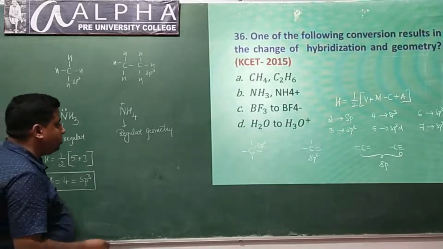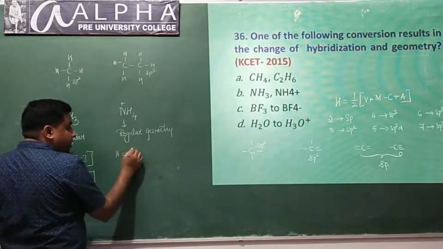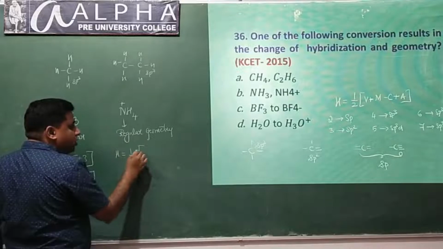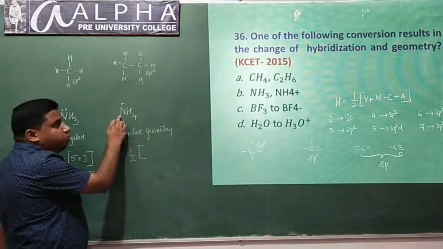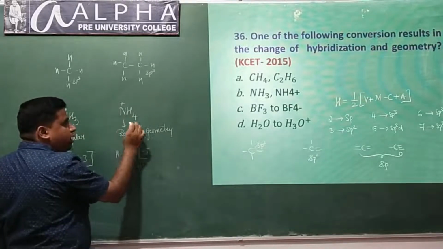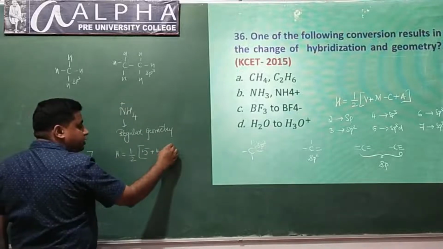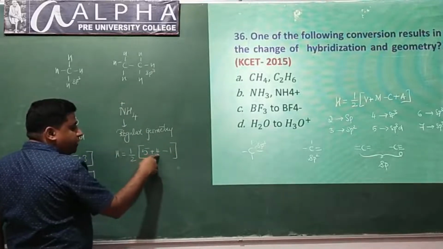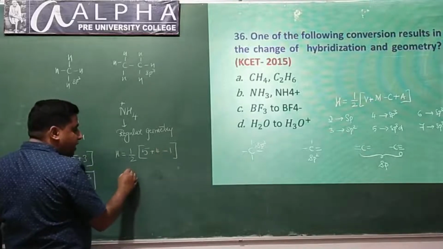Next, with this one, the state of hybridization is equal to half of the number of valence electrons. Nitrogen belongs to the 15th group, so 5 valence electrons. Number of monovalent atoms is 4, minus total positive charge 1. So 5 plus 4 is 9, 9 minus 1 is 8, half of 8 is 4.